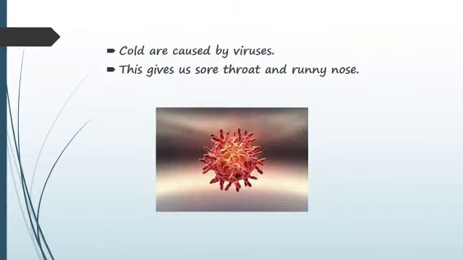Colds are caused by viruses, and they give a sore throat and runny nose. They enter the cells lining the nose and the throat and cause them to break down. That's why you feel bad, your throat aches and you feel a sore throat.